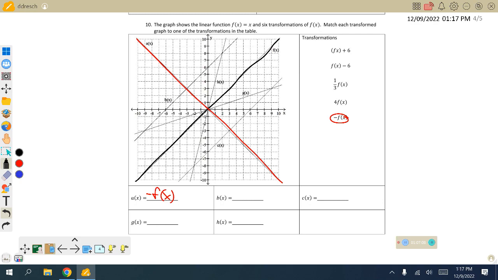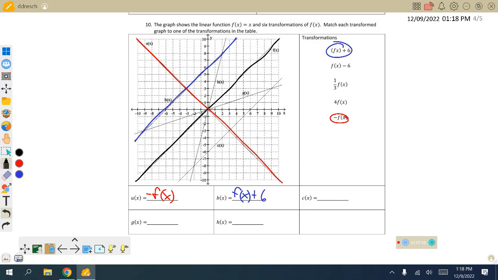Now, I always look at up and down movement. You guys are good at knowing up and down movement. When I see f of x plus 6, what should my graph have done? Go up or down? Up 6, and this graph is b of x. So that's going to go right there at b of x. Slight typo.